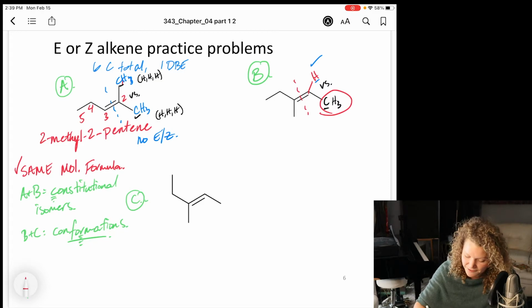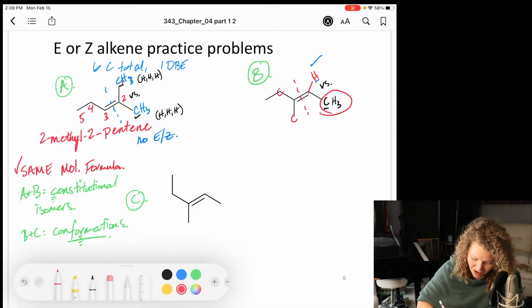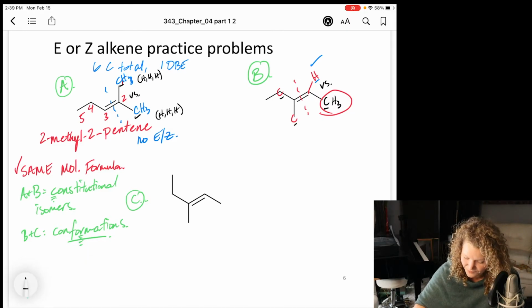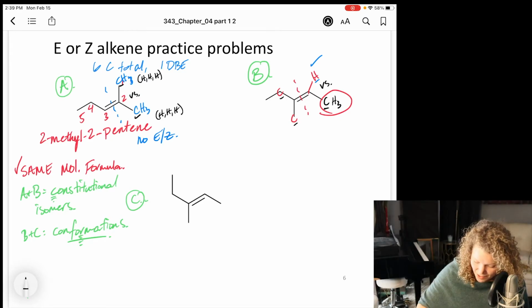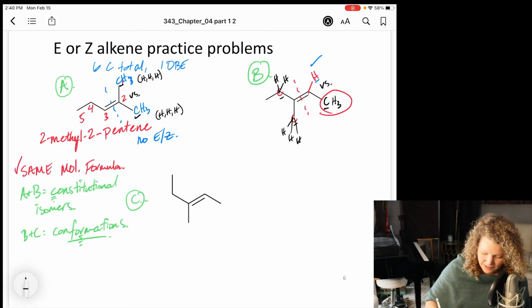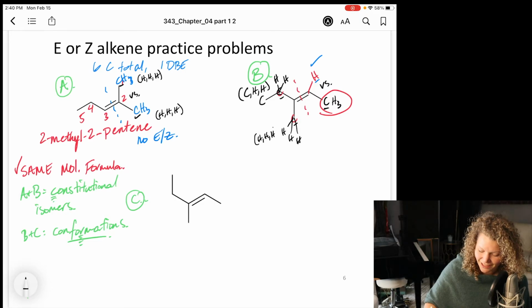Now let's look at the left. I have a carbon here and a carbon here. They are officially tied right now. So now I have to look at what's bound to that carbon. This carbon has 2 protons and this carbon has 3 protons. And there's also a carbon here. So let's label this. This carbon up top, that's in pink, has a carbon, hydrogen, and hydrogen. The carbon on the bottom has a hydrogen, hydrogen, hydrogen.